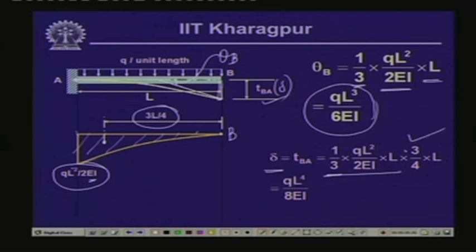If we multiply that we get QL to the 4 by 8 EI, which we have seen earlier as well. So, by employing the moment area method, we can compute the slope and the deflection of this particular beam.